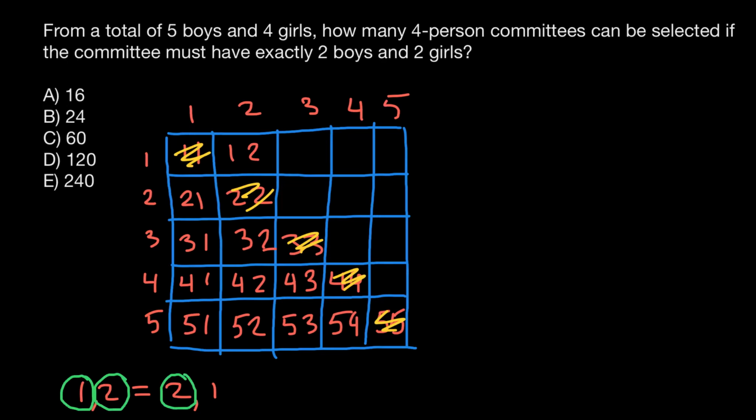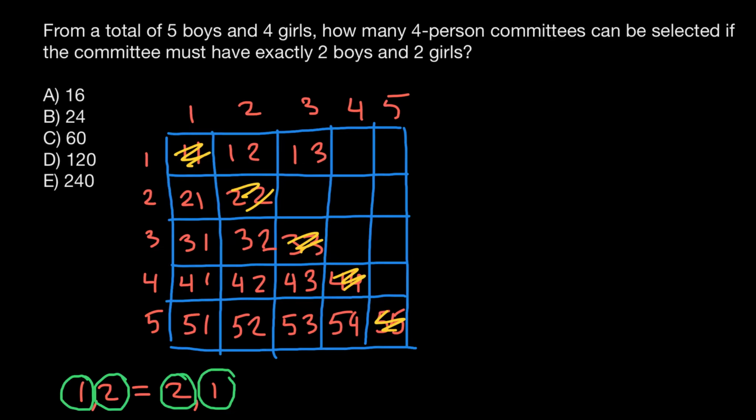So if we choose, for example, John and Martin, this is the same as Martin and John. So here we are going to get 1 and 3, and this is the same as this 3 and 1. And 1 and 2 here is the same as 2 and 1 here.